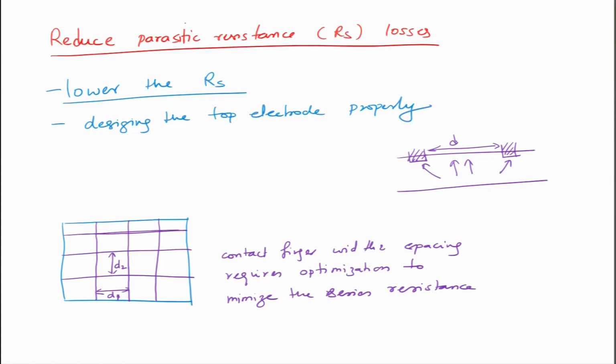So, the distance between these contacts is extremely important, and the depth up to which they are buried into silicon is also extremely important. So, what one needs to control is the spacing. Spacing means both the width and the spacing, but one also needs to control the doping around it.